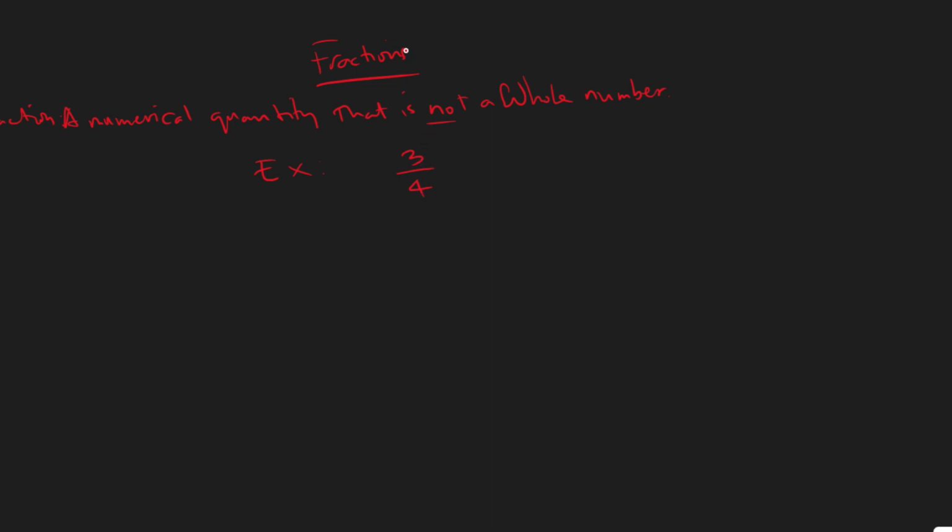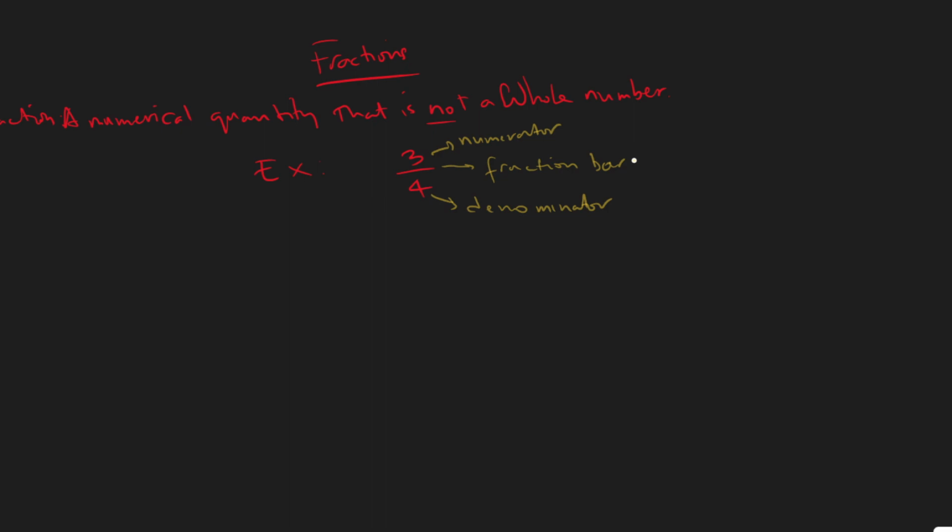Let's say we get the top number here. The top number here is called the numerator. The bottom number here is the denominator. And the bar in the middle here is called the fraction bar.